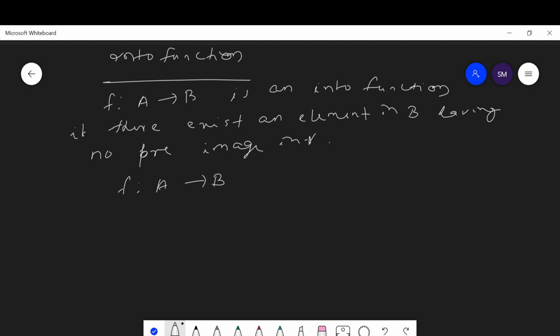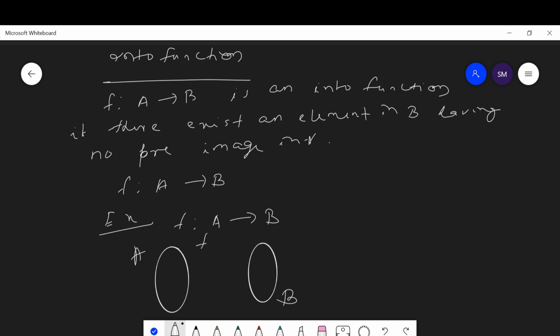Okay, then take an example and look at the diagrammatic representation of an into function. f is a function from A to B. Suppose this is set A and this is set B. Here A1, A2, A3, A4 are the elements of set A, and B1, B2, B3, B4 are the elements of set B. And here A1 is related to B3, A2 is related to B2, A3 is also related to B2, and A4 is related to B4.